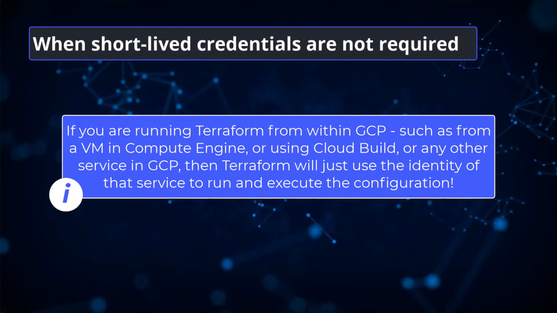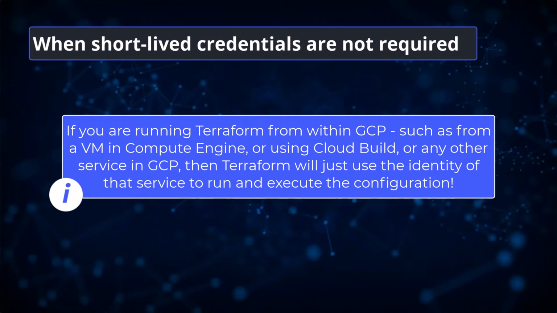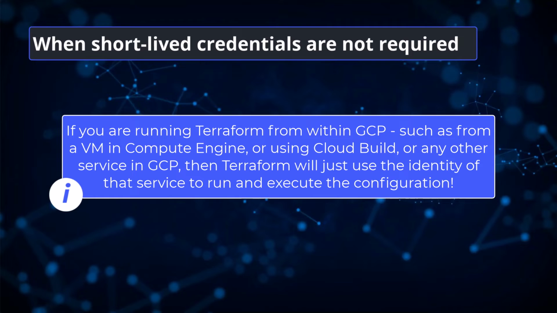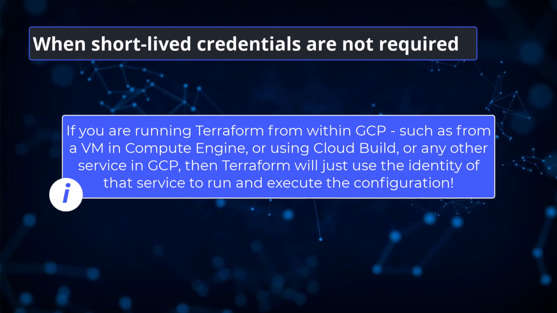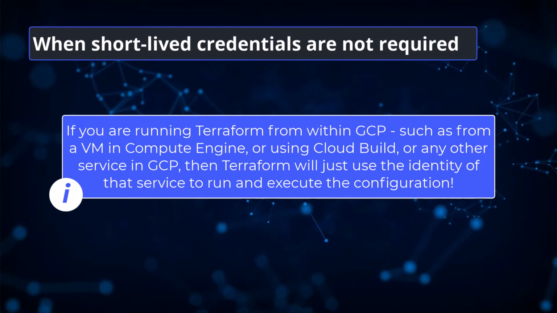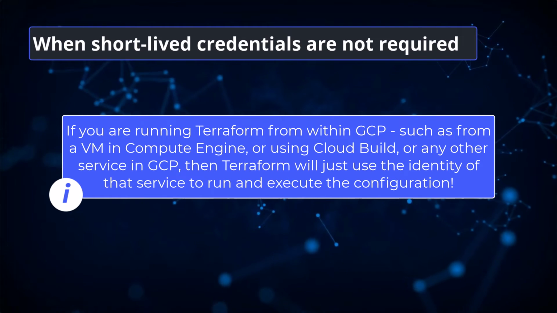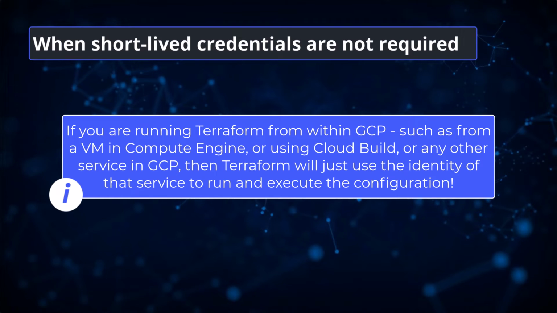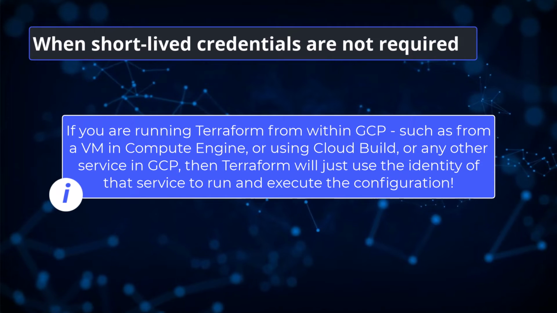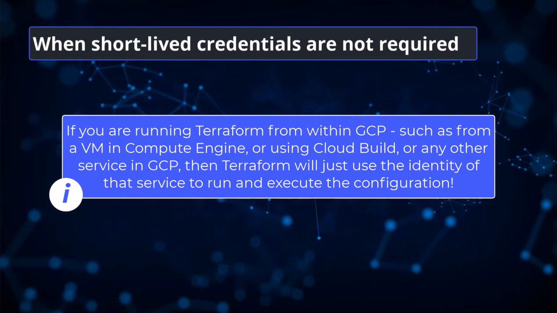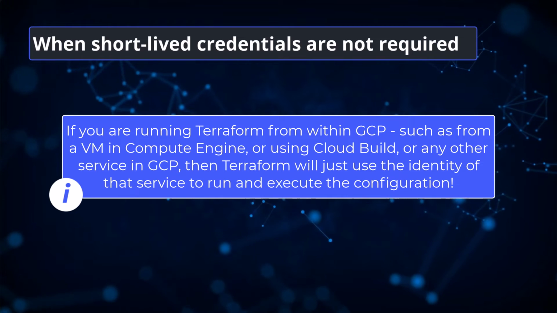And then once you run Terraform from inside that VM with that service account with those permissions, Terraform will just use the VM's identity to connect to GCP and execute stuff. Same case for Cloud Build or Cloud Run or Cloud Functions. All of them have their own service accounts. So you just grant the required permissions on these service accounts and just let Terraform do its thing.